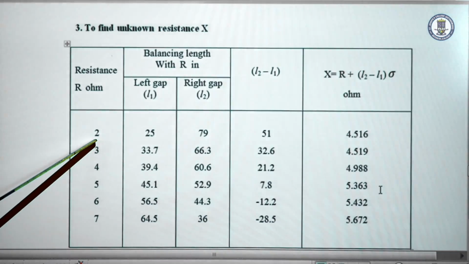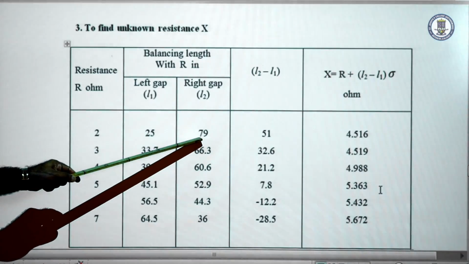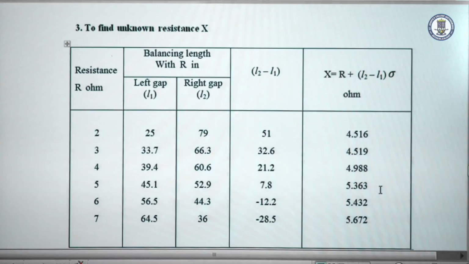Then we interchange R and X, so R is in the left gap and X is in the right gap, and the balance length is 79. The difference L2 minus L1 is 51. So X is equal to R plus (L2 minus L1) into sigma, that is 2 plus 51 into 0.0466, and we obtain 4.516.